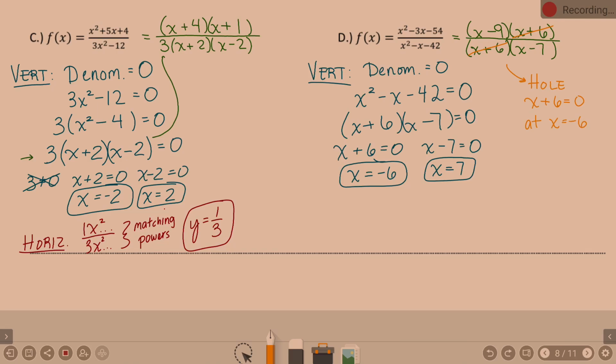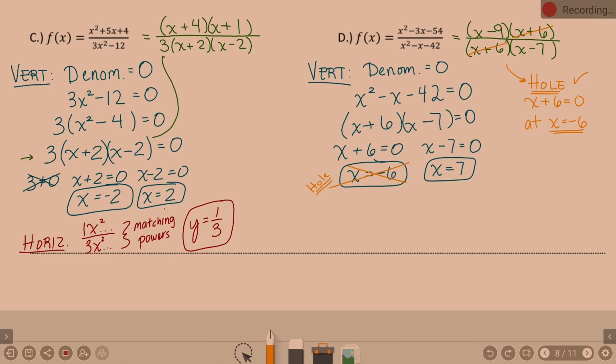Now, you can have a hole or a vertical asymptote at a location. You can't have both. So there is a hole here, which means that one is not a vertical asymptote because it is a hole.